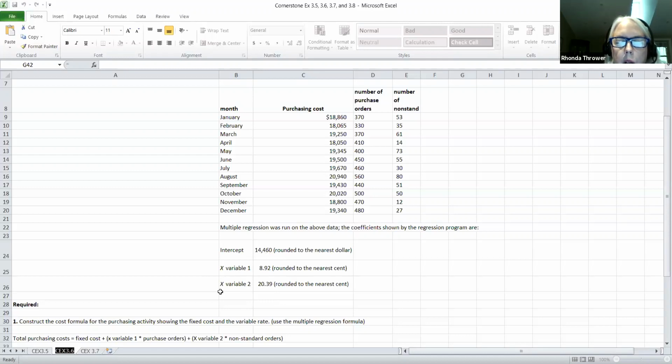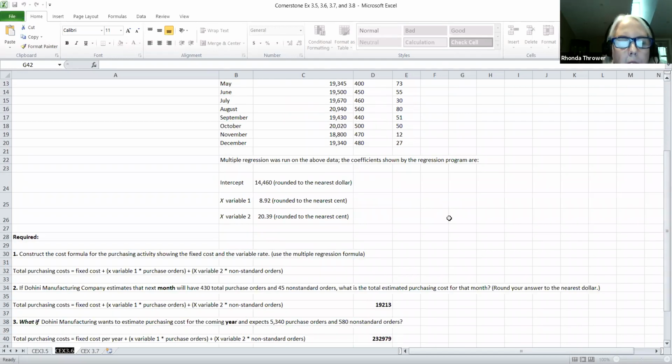And variable cost per unit 2 for the number of non-standard orders is $20.39. So when you're doing multiple regression analysis, you take that basic formula, but you add two variable cost components to it. So in the requirement, they want you to construct a cost formula for the purchasing activity, showing the fixed cost and the variable rate using the multiple regression formula.